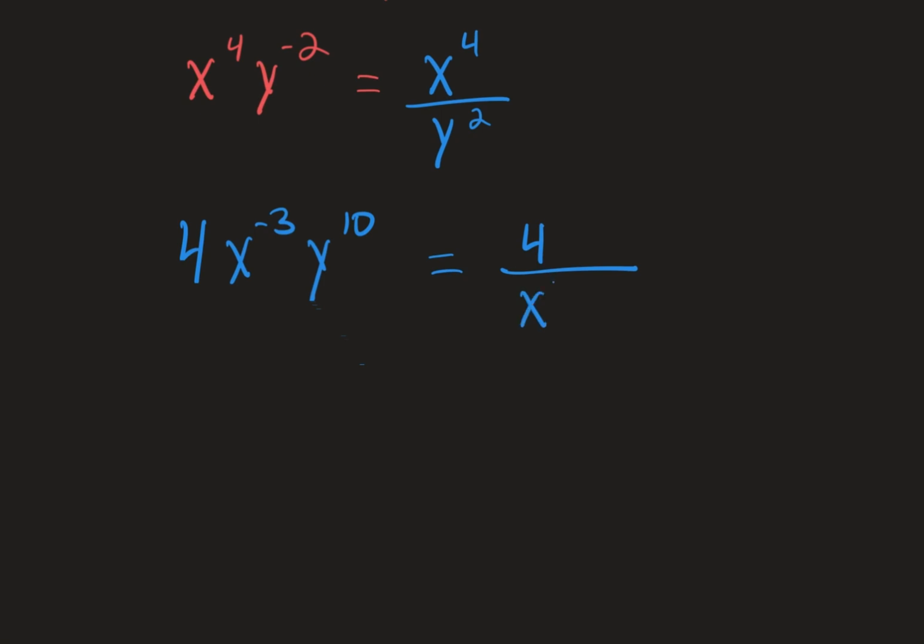The x to the negative third is negative. We can't have that, so we move that to the denominator. Y to the 10th, we don't have to touch because it's already positive, so it just stays in the numerator. So you only move from the numerator to the denominator those bases that are negative. Don't touch the ones that are positive. Just leave them where they are.